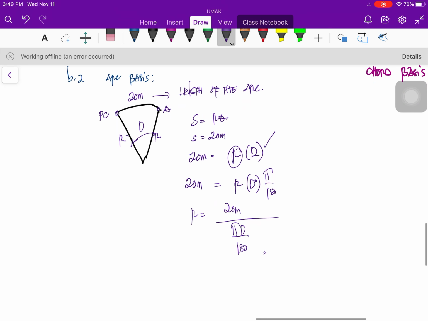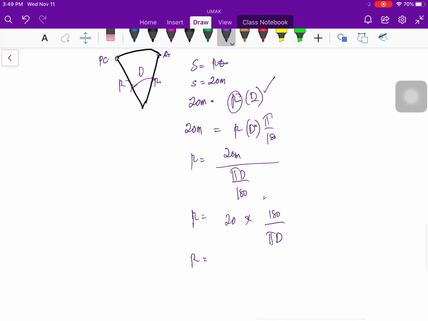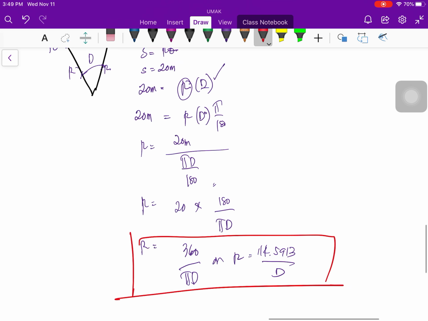So you can have this formula, or R is equal to 20 times 180 all over pi D. So you'll have a formula of 20 times 180 is 360 all over pi D, or 360 divided by 3.1416, which is 114.5913 all over D. So it's up to you which formula you're going to use.